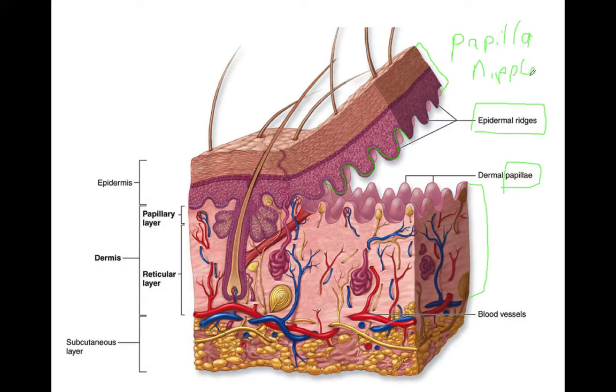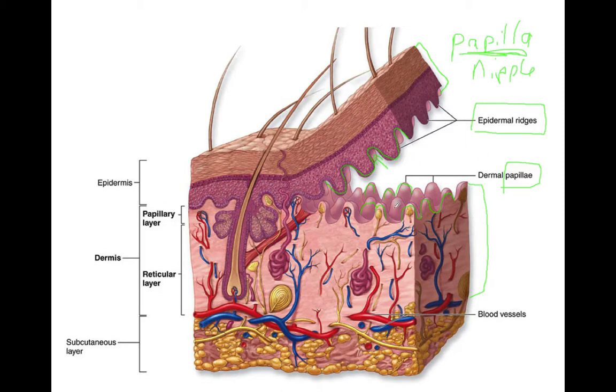So anytime, and you're going to see that in anatomy a lot this semester, if it says it's a papilla, it's a nipple-looking structure. So do you see all these little nipple-looking structures? Yes. So these are dermal papillae. Papillae are fitting right in here, in between these epidermal ridges.